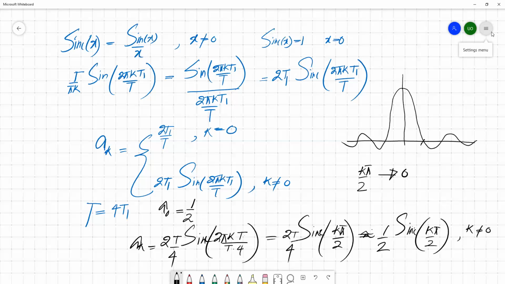So then we can simply ask for which k values this particular argument goes to 0, because we know that the sinc function is directly related to sine. If the sine component goes to 0, then sinc would simply be 0. So sine x is 0 at, for example, a set of k values.